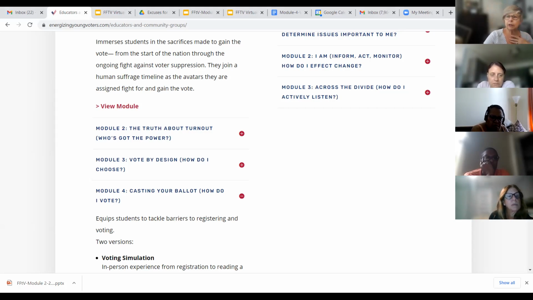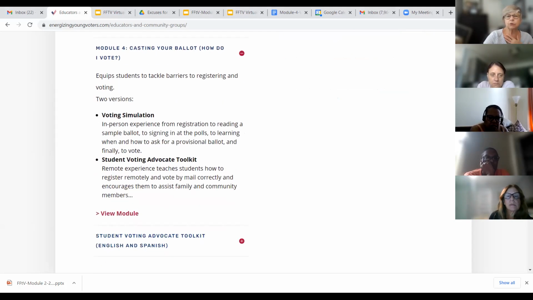But the voting simulation is something that I've used on a school-wide basis or a department-wide basis. After we've gone through those first 2, the fighting for this Timeline of Suffrage and the turnout modules, we can set up a voting simulation that is as close to real as you can believe.